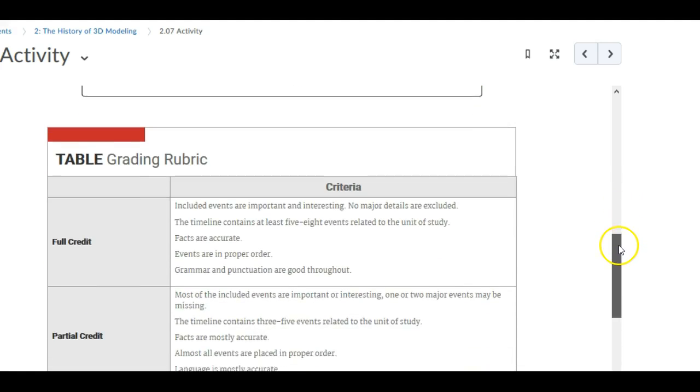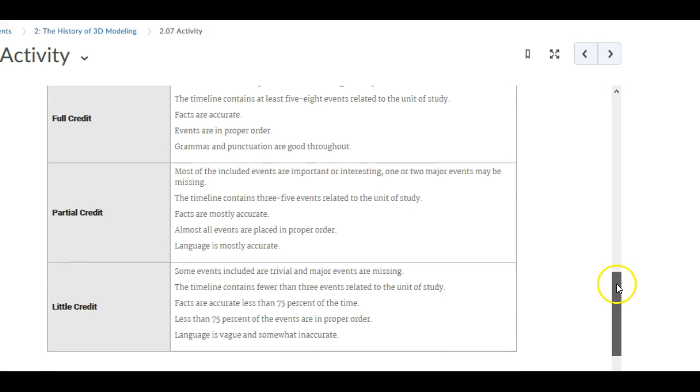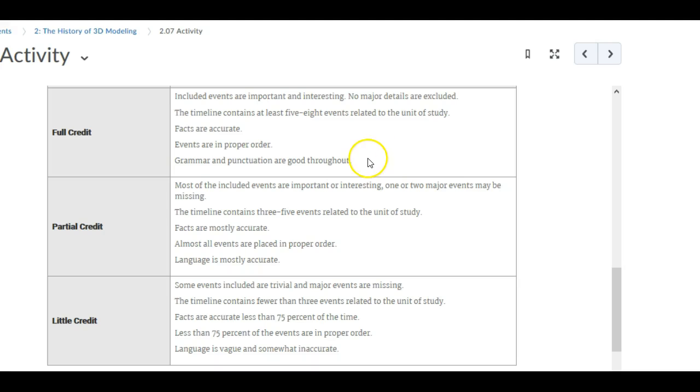So basically, this is how I'm going to grade you. I'm not going to read that because it's there, and you guys can take a look at it. Please notice this. Grammar and punctuation are good throughout. I'm an English teacher too, you guys. I don't know if you knew this about me. Some of you I've had in an English class, but as an English teacher, I'm very particular about how things are written to make sure that they are grammatically correct and punctuated correctly.